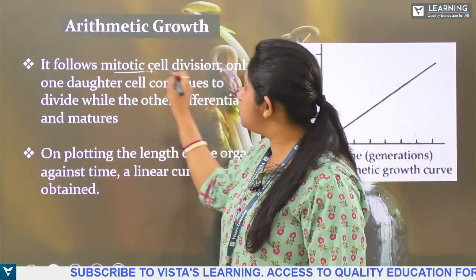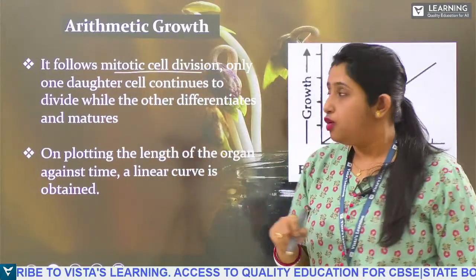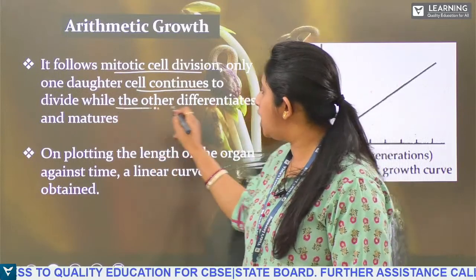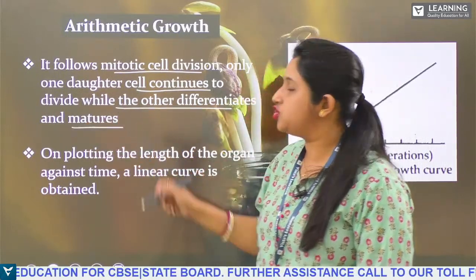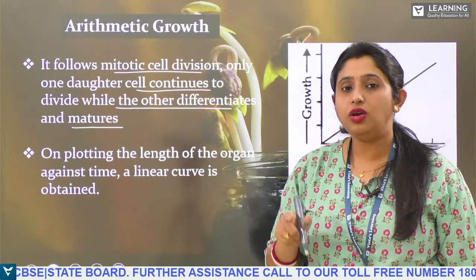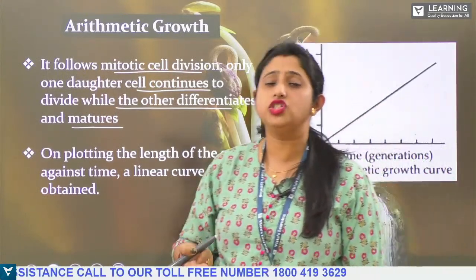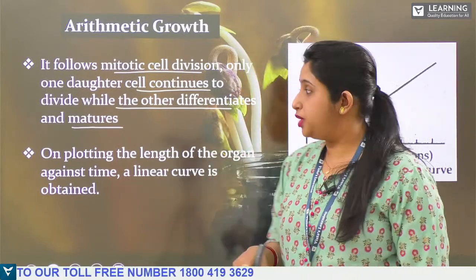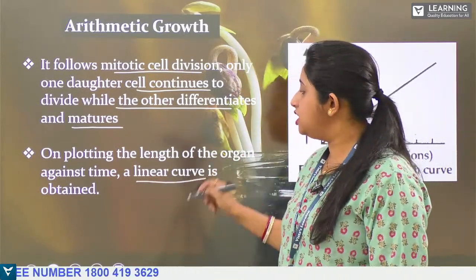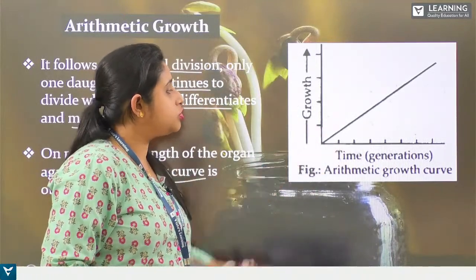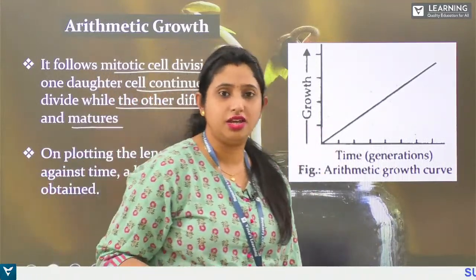It follows mitotic cell division, where only one daughter cell continues to divide while the other differentiates and matures. So here only one daughter cell will divide, and the curve which is obtained in case of arithmetic growth is a linear curve, as you can see.